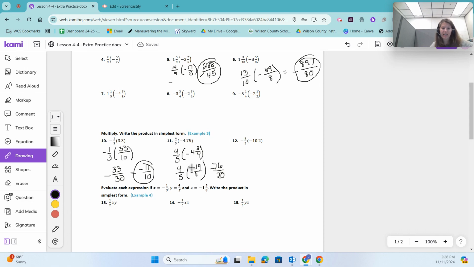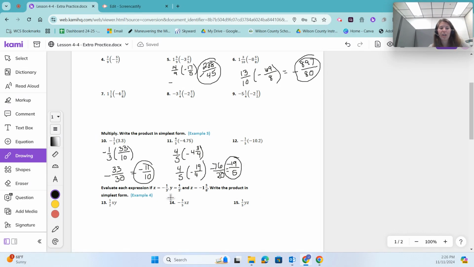And it's negative because I have a positive times a negative. And 4 goes into both of these. So I am going to get 19 over 5. And again, don't forget to keep your negative. So negative 19/5. And I'll let you try number 12 on your own.